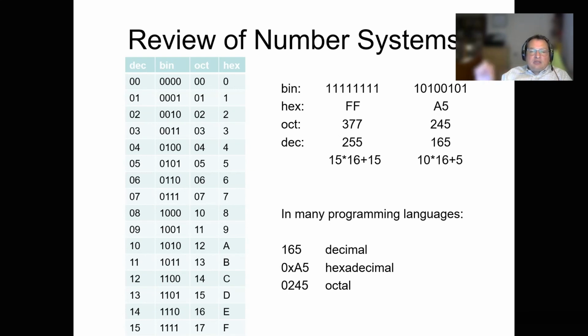So 0xA5, this is hexadecimal A5. And if you just add a 0 in front of a typical decimal number, these languages will consider this an octal representation. So you have to be very careful here, because in mathematics, a notation like 0245 would be just 245 decimal.